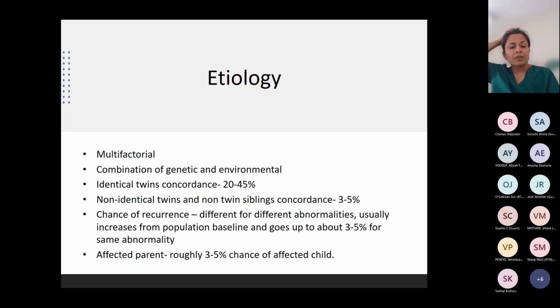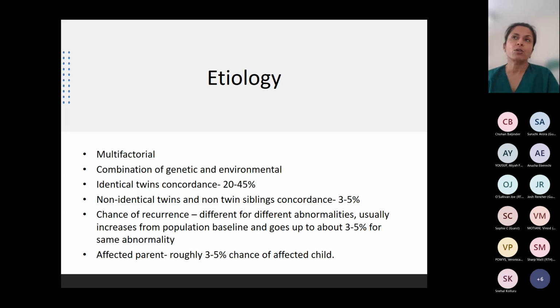And then when there is an affected parent, now this is something very important: if either the mother or the father have been affected by a certain abnormality, there are some abnormalities that are not inherited and there wouldn't be any increase in chance, but overall, again, a ballpark figure is about 3 to 5% chance of an affected child.